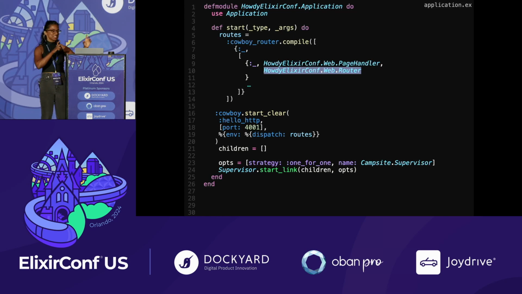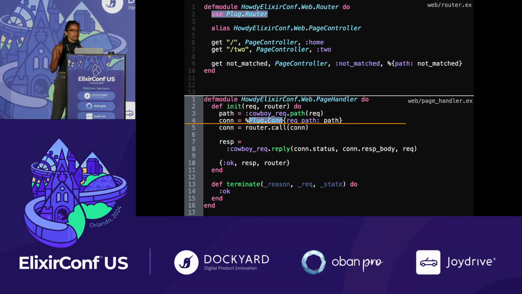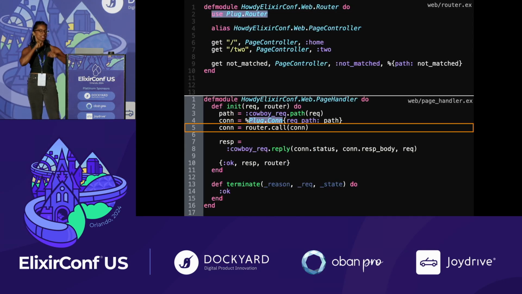Instead of passing an empty array, we're passing a router to Cowboy, which is then able to do various things. Here I have two files next to each other. Maybe it'll make sense. My router uses plug.router, which has some helper methods that give me access to plug.con and various things that allow me to update that particular connection.